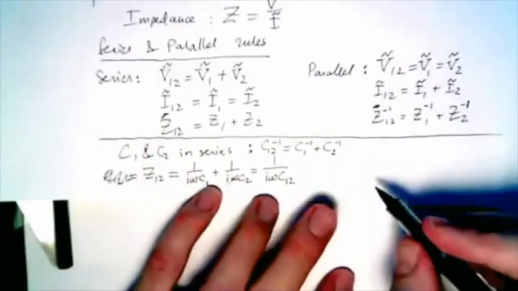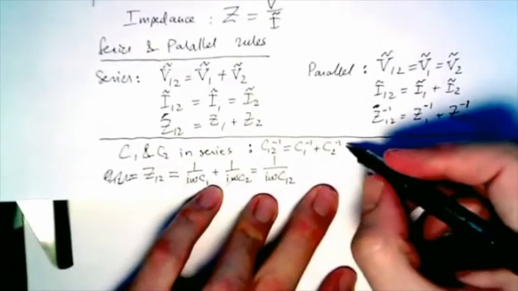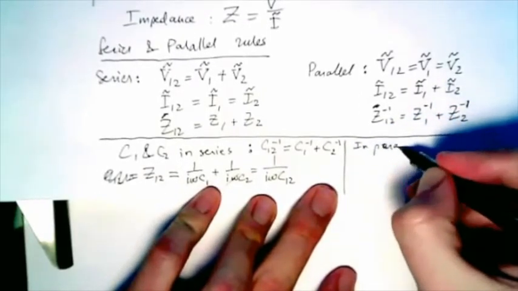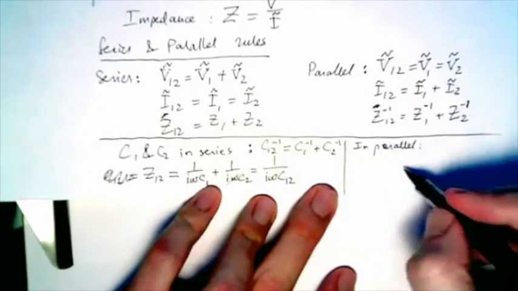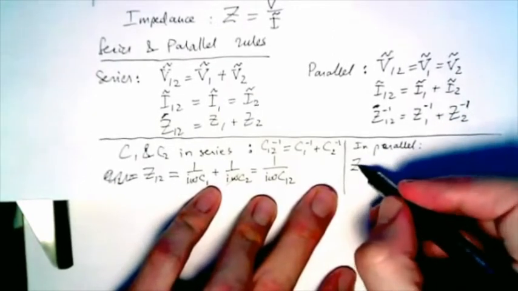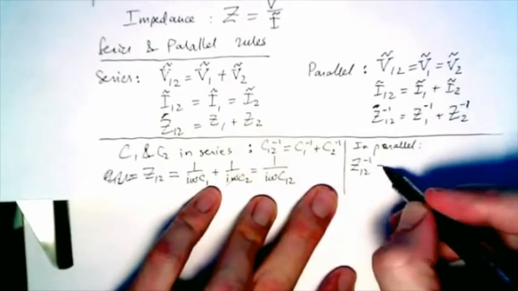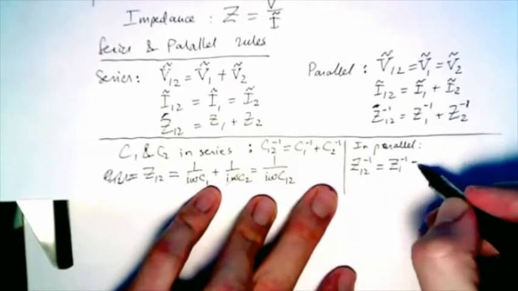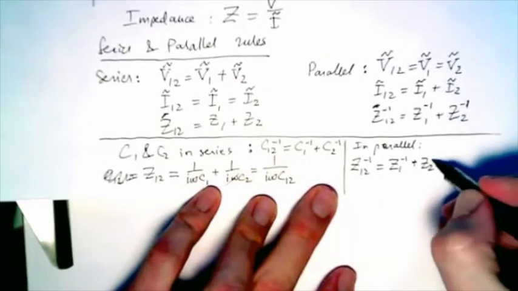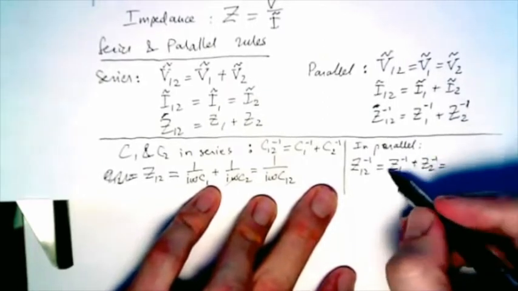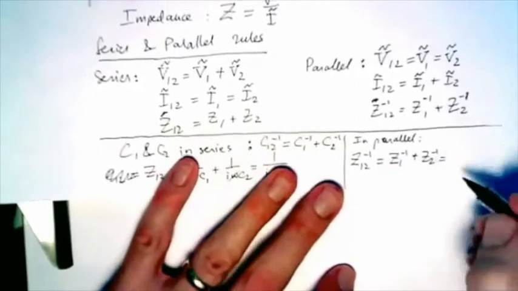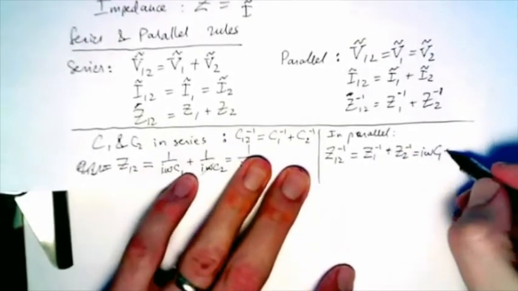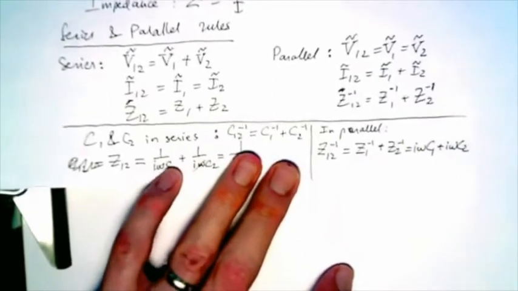Now, for capacitors in parallel, we could do the same thing. We have Z12 to the power minus 1 is Z1 to the minus 1 plus Z2 to the minus 1. Now, the inverse of the impedance of a capacitor is i omega C1 plus i omega C2.